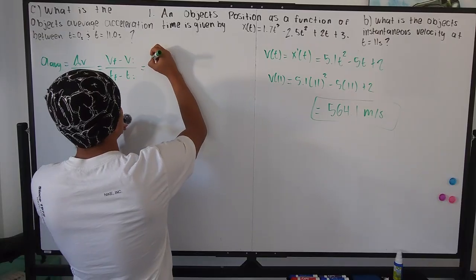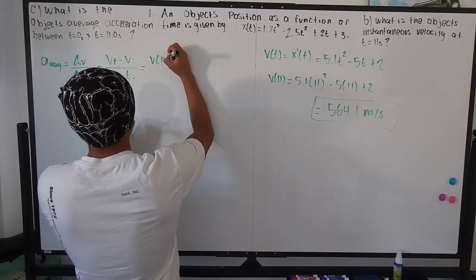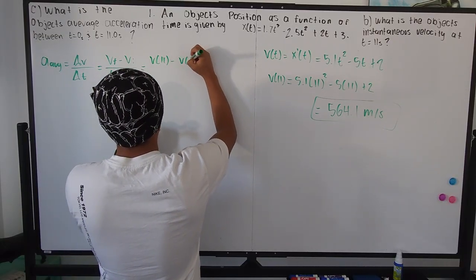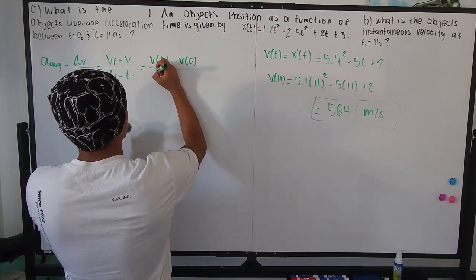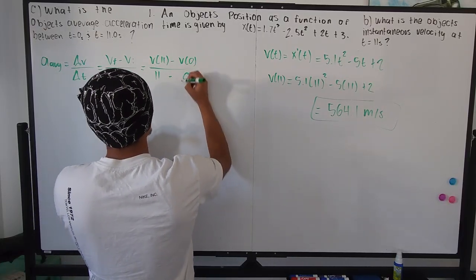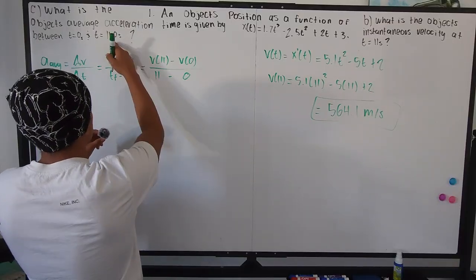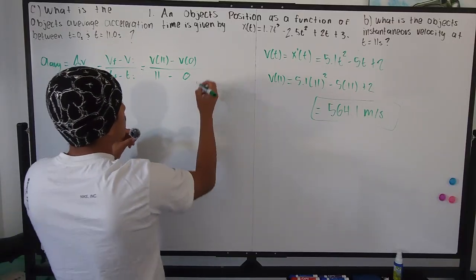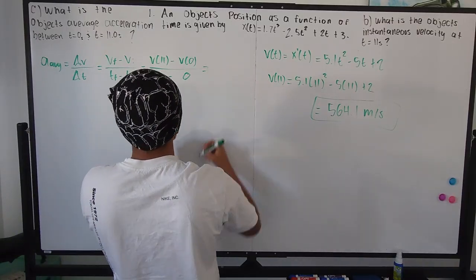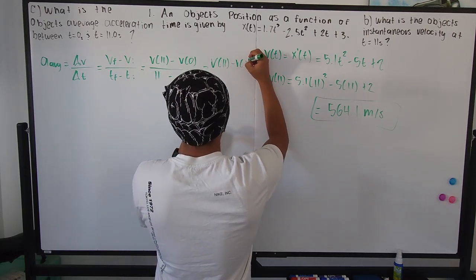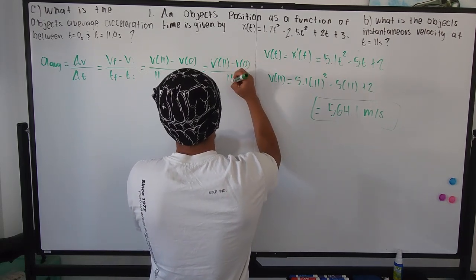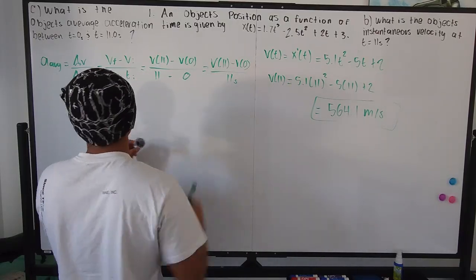So we're going to evaluate V at 11 minus V at 0 all over 11 minus 0, because this is our final time and this is our initial time. We can simplify this: V of 11 minus V of 0 all over 11. This is seconds, this is meters per second.